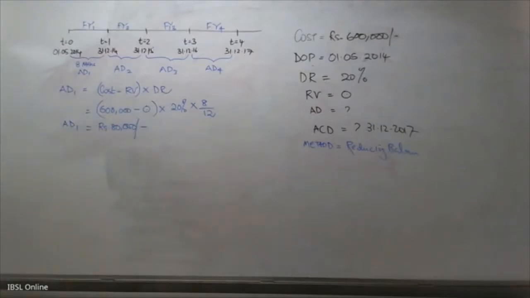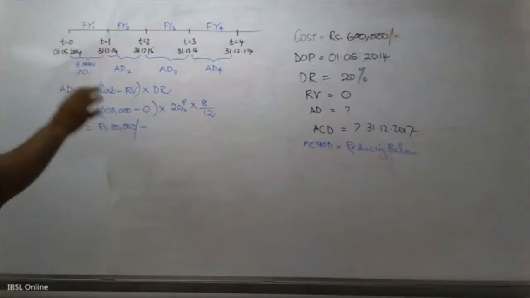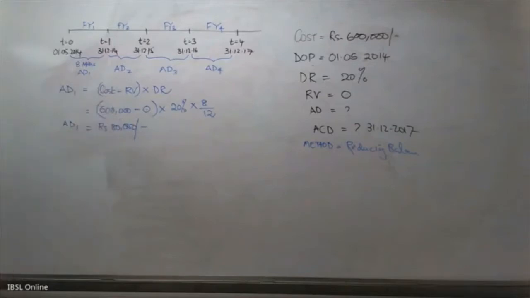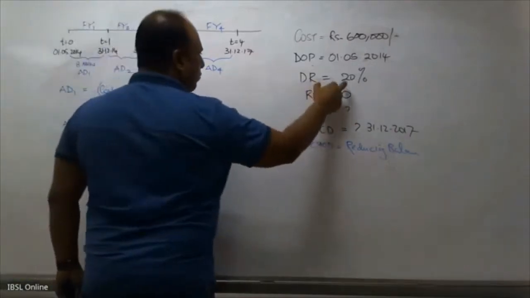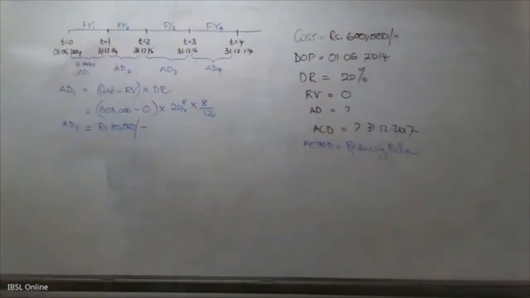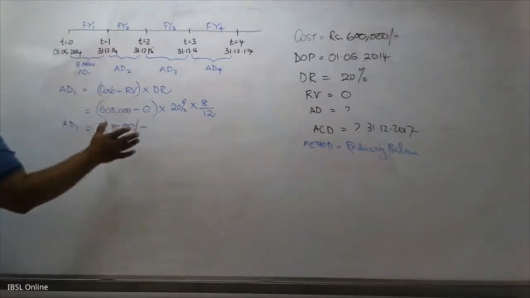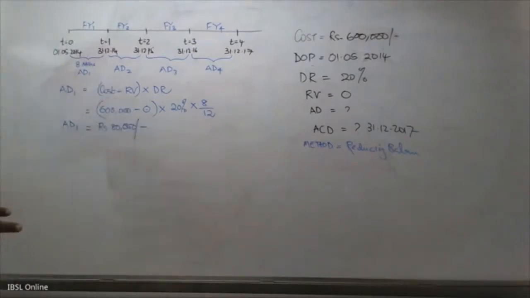Annual depreciation for the first year, if you simply look at per year, it will be 120,000. Why? Depreciation rate is 20%, which means 5 years. So if you depreciate 600,000 over 5 years, it will be 120,000. So 120,000 is for 12 months. How much is it for 8 months? Very straightforward, right? Without even writing anything, without any calculators, we should be able to calculate. So I want you to take up to this. Please write down, because thereafter only the complications come.